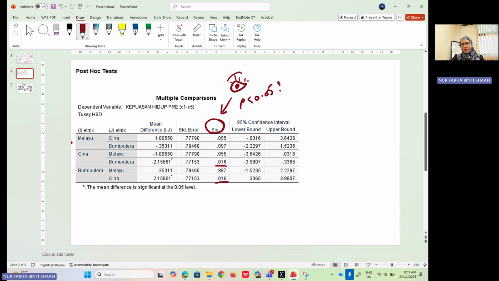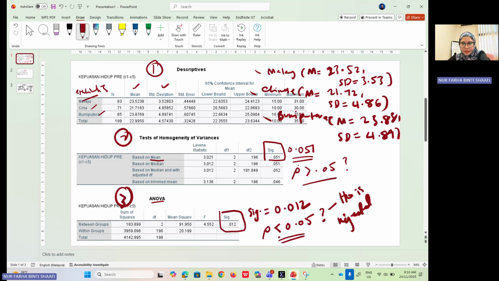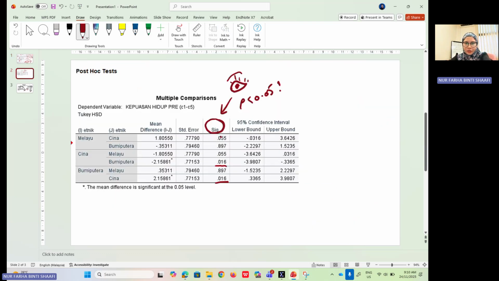If more than 0.05, meaning that it is not the same. You should find the value below 0.05 to make sure that your null hypothesis is rejected. Remember your null hypothesis says there is no difference between life satisfaction and ethnicities, and you reject the statement. So that's why you need to find the significant value that is less than 0.05.